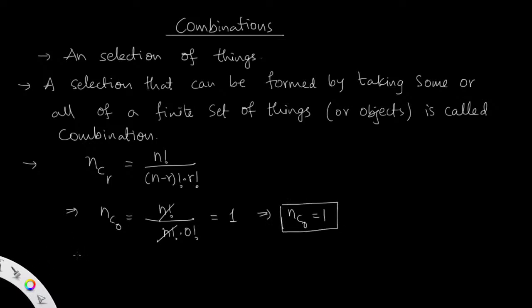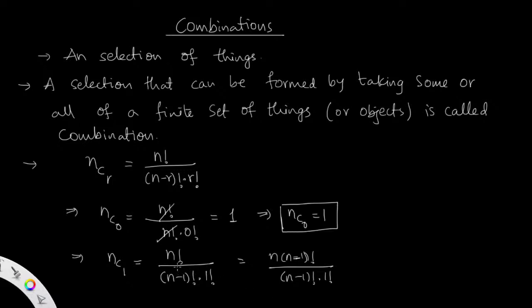Then NC1. NC1 is n factorial by n minus 1 factorial into 1 factorial, where n factorial can be written as n into n minus 1 factorial, divided by n minus 1 factorial into 1 factorial. 1 factorial is obviously 1.